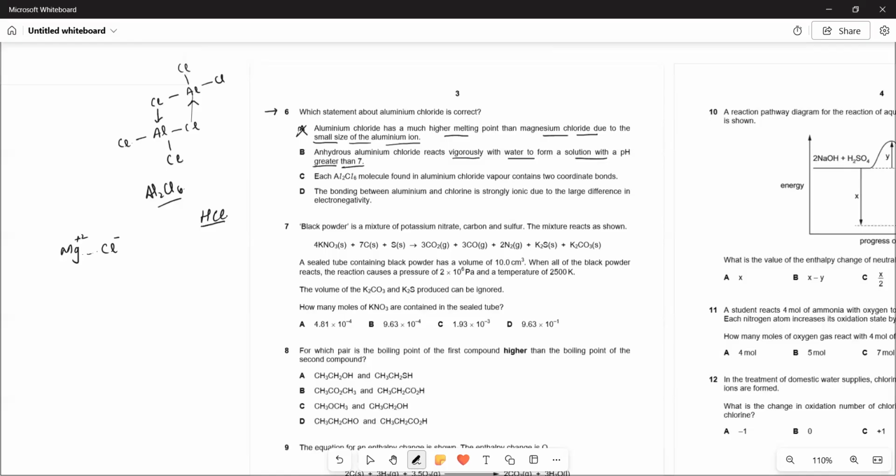So it means it will be an acidic solution if aluminium chloride reacts with water. So the pH should be less than 7. No. And C, the Al2Cl6 molecule found in aluminium chloride vapor contains two coordinate bonds. Yes, it contains two coordinate bonds. So option C seems correct.